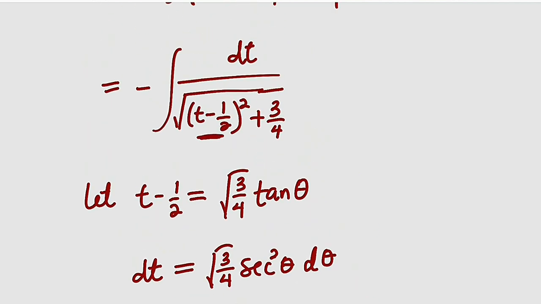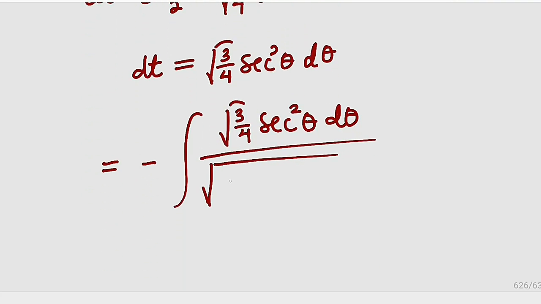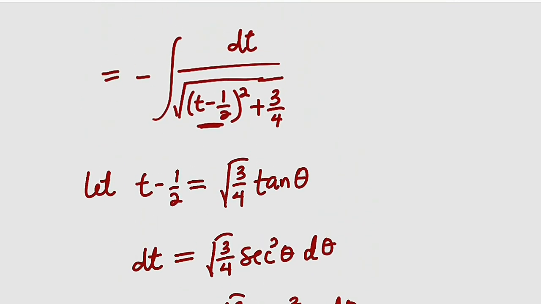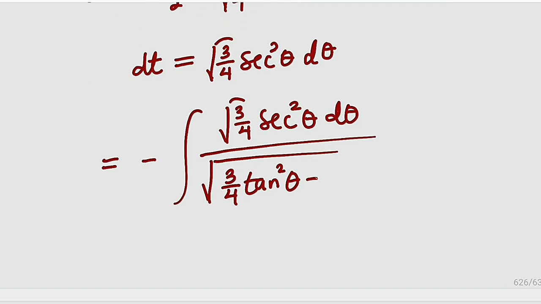We have the whole of this squared, which is this squared. So we have 3 over 4 times tan squared theta. Then we have the last term, which is 3 divided by 4. Now, since we have 3 divided by 4 here, let us factor it.